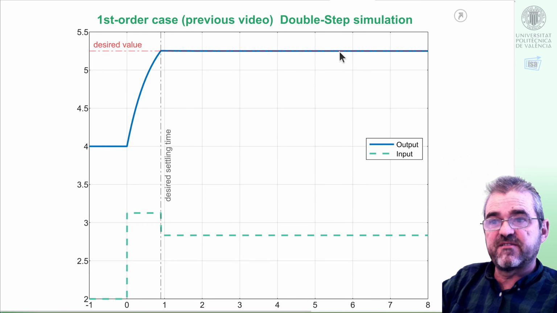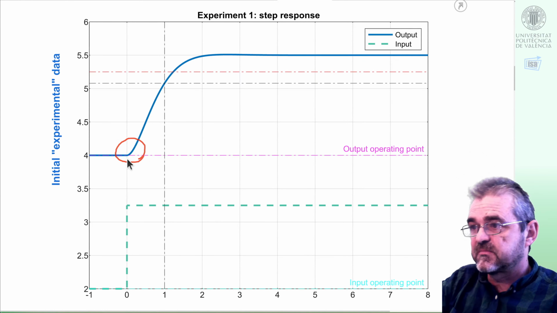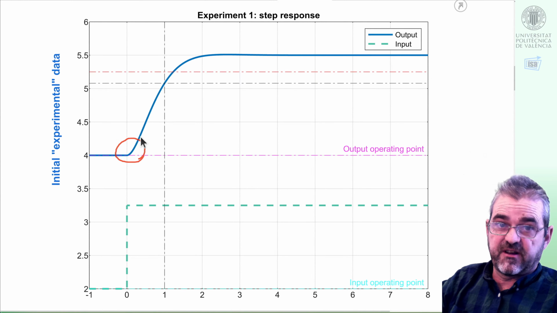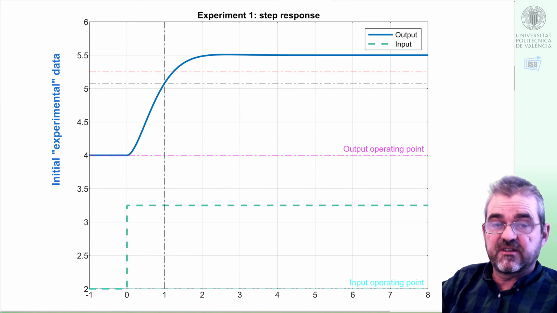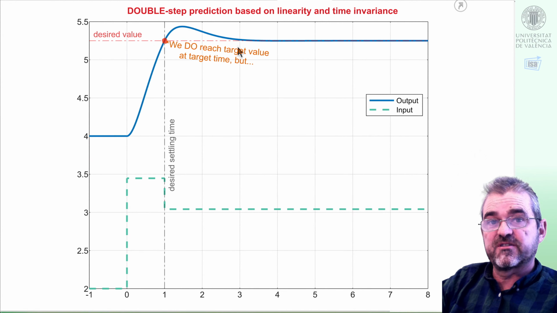In a previous video, we achieved that with 2 steps in a system that had no inertia, but here we had a system with inertia, so that at the initial phases it took some time to accelerate, and also at the final phases it takes some time to brake. Then applying the exact same computations, I indeed reached the target value in the target time, but then I had some overshoot because the, let's say, kinetic energy needed to dissipate before stopping.